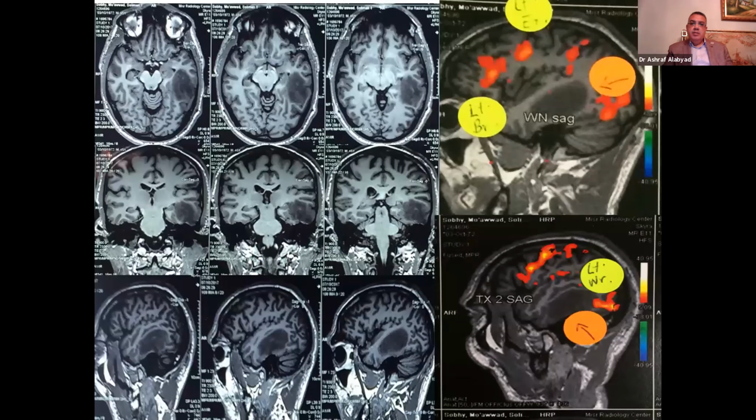This is a male patient, 48 years old, presented with headache and mild dysphasia with generalized fits. As we see here, this is the Wernicke's area here, and this is the Broca's area. And actually, the left arcuate and uncinate fasciculi were attenuated by the tumor.